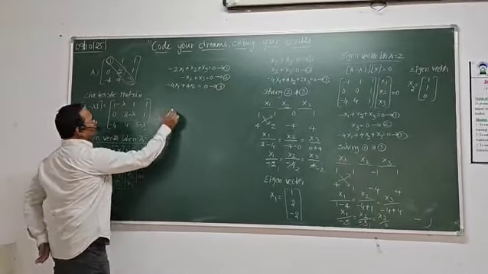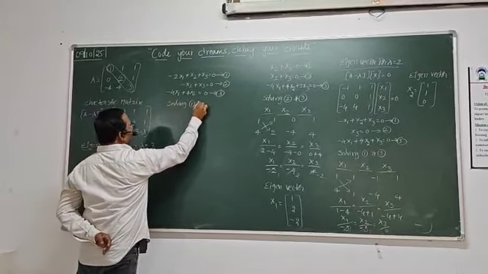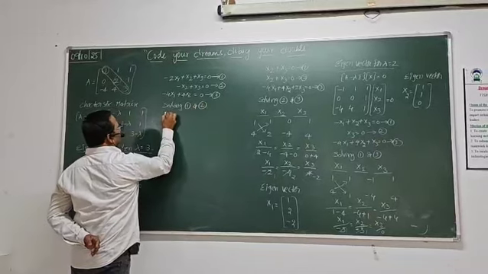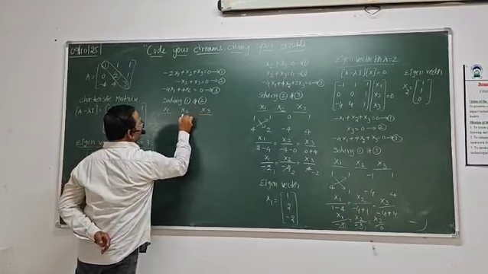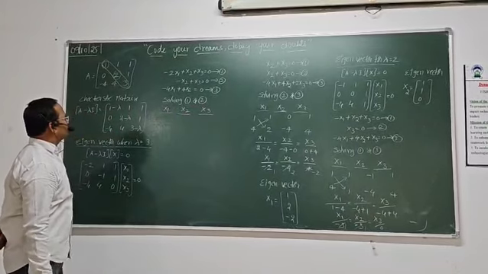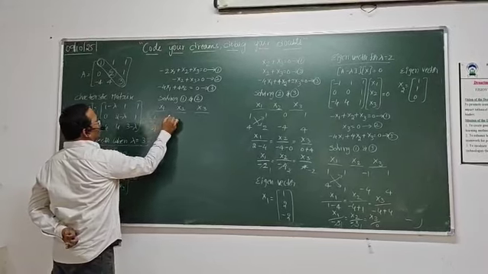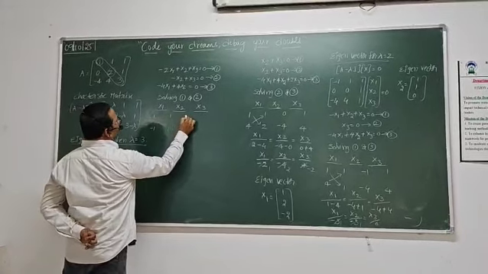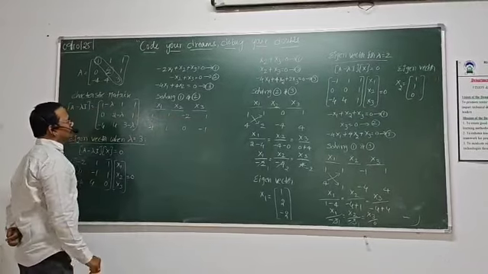Now solving 1 and 2 by the cross multiplication method, x1, x2, x3. Write down the coefficients of x2: 1, minus 1, 1, 1, minus 2, 0, 1, minus 1.